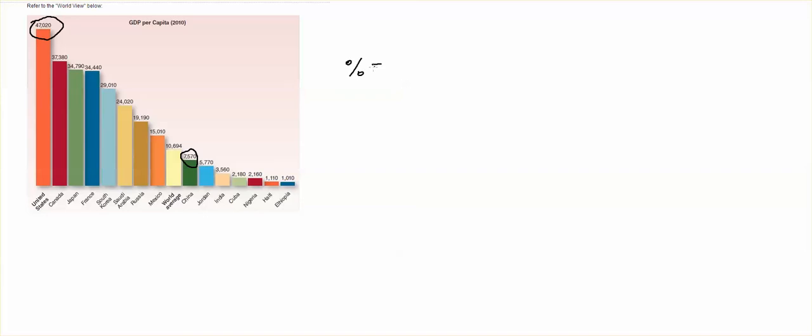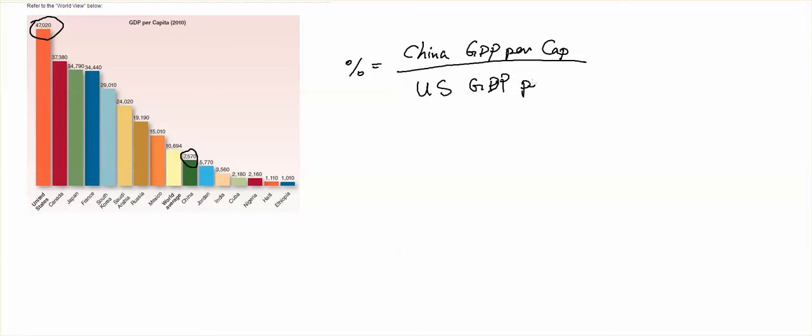The percentage of the Chinese GDP to the United States GDP is equal to the China GDP per capita divided by the US GDP per capita, times 100%.